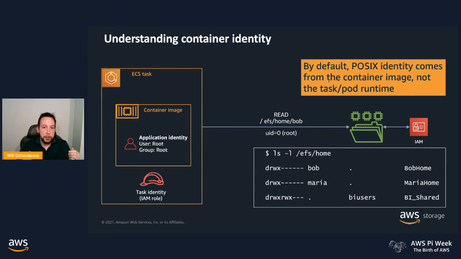Oftentimes, what that container would have been built to run as is root, because there's only one user in the container. Who cares what it is anyway? It might as well be root. So then, once that application tries doing operations in the file system, it's going to treat that application as root, whether you want it to or not. So really the thing to understand is by default, the POSIX identity of your application comes from the container image at build time, not the actual runtime of the task or pod. By default. We'll talk about how to fix it.